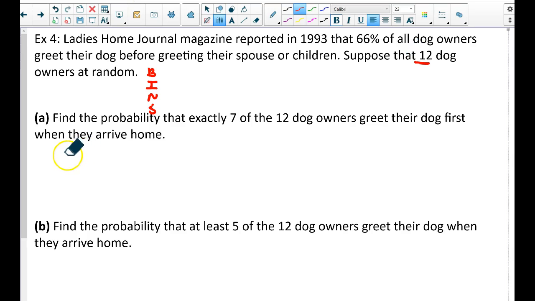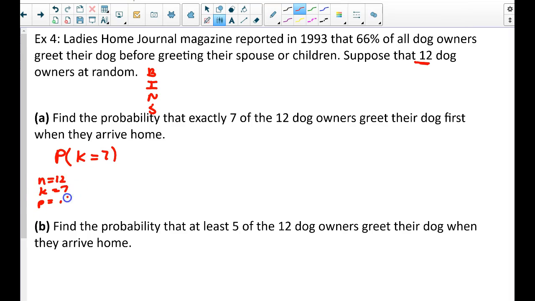And so we're going to write this out like we normally would. So k in this case is 7. So let's fill in our parameters. So n is 12, k is 7, p is 0.66, and q is 1 minus p, or 0.34.